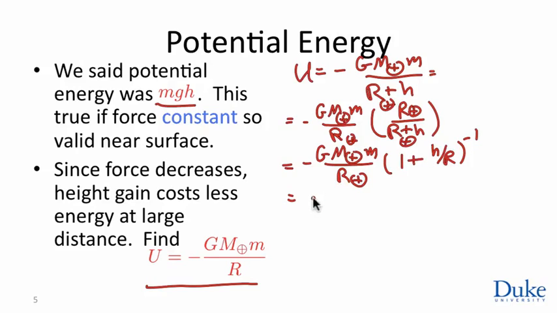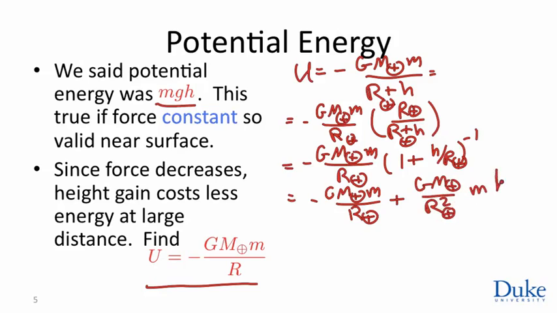And I will do the calculation in my head, and the 1 is easy to do. It's this constant number. And then minus h over r gives me a positive contribution here, an extra factor of r in the denominator, G M over r squared, m h. And I recognize two things here.